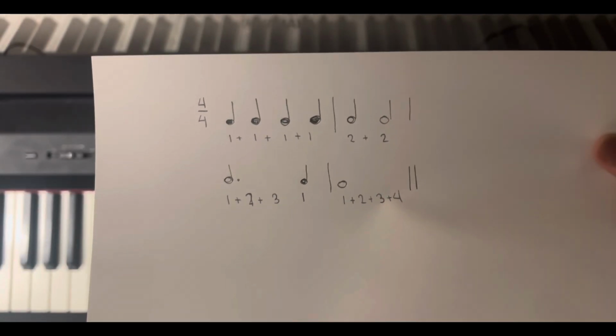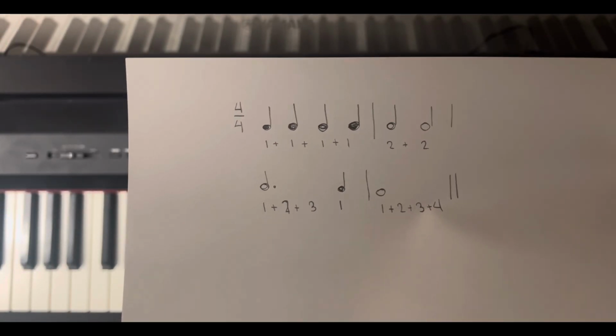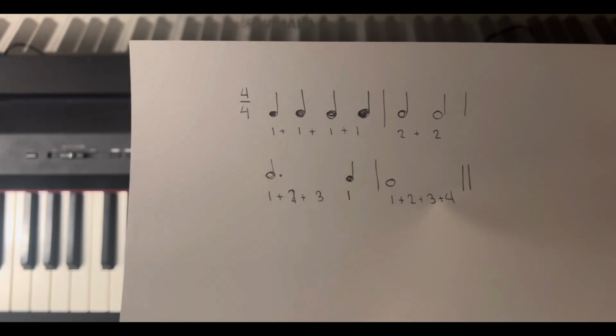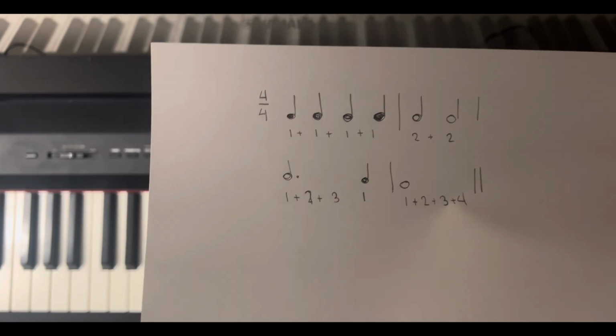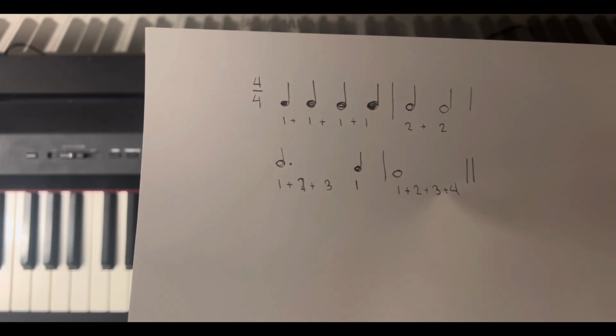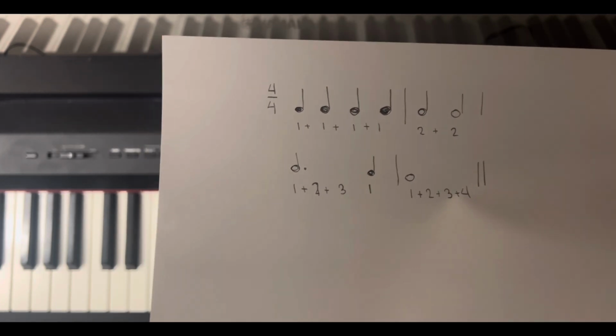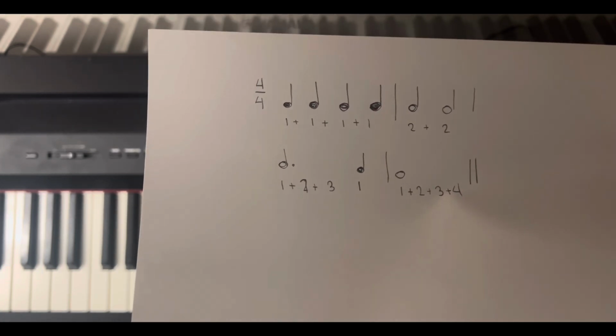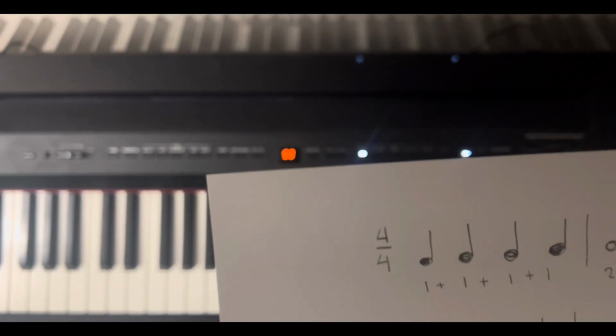Now, here's the entire rhythm. As you may see, the time signature is at the very beginning of the entire rhythm. In this case, the time signature we have is called 4/4 time. Look at the top number.